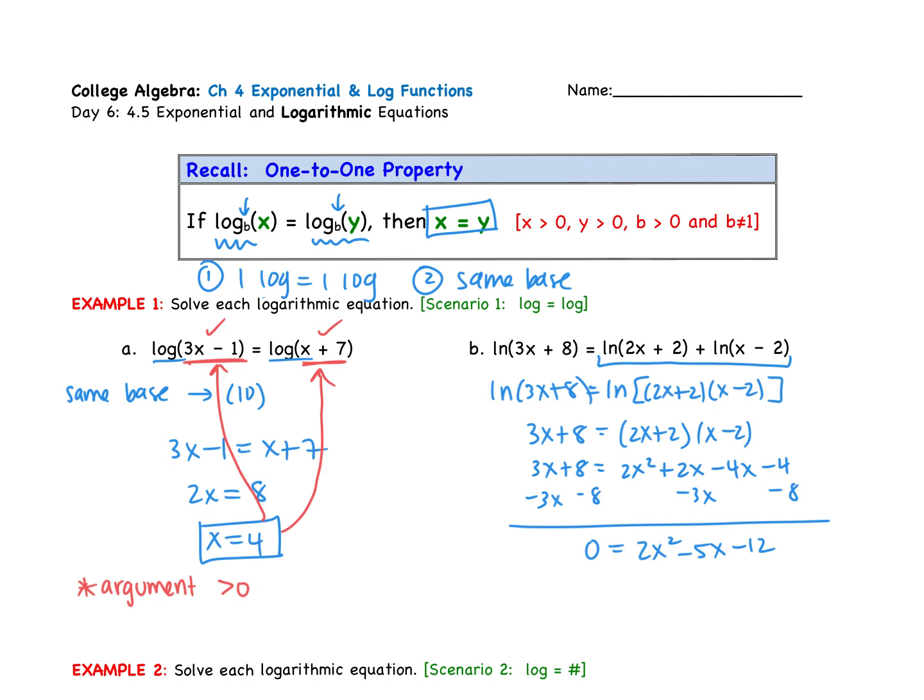Okay, what are we going to have to do at this point? Factor. Yep, factor. I split the middle. Some of you factor differently, but I split the middle. So I look for 2 numbers that multiply to negative 24, but add to negative 5.